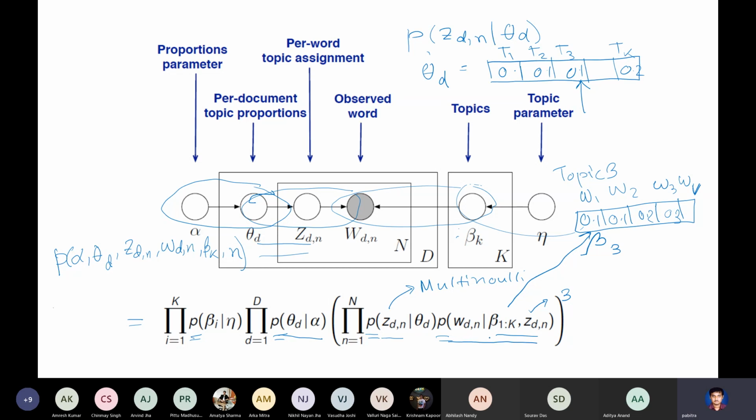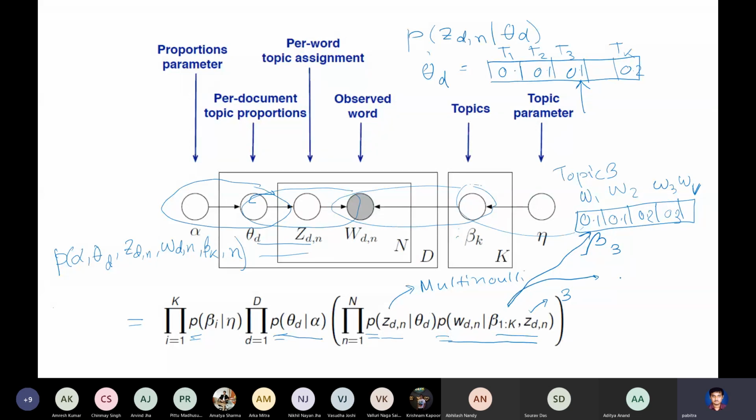Now what is Wdn? Again, it is a V-faced dice with probabilities 0.1, 0.1, 0.2, 0.3 for each face. You throw the dice, one of the words comes up. Say the 100th word comes up, W100. So this is also a multinomial distribution.